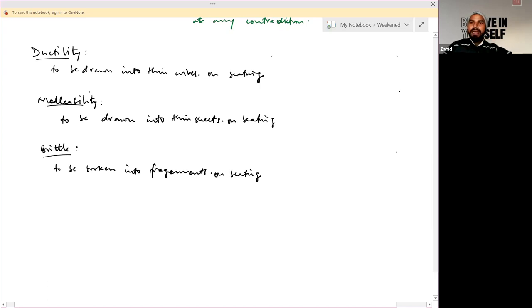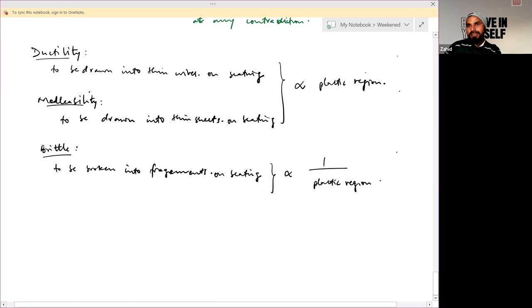So for ductility and malleability, the plastic region should be longer, and for a brittle substance, the plastic region should be smaller. So you'll say these two properties are directly proportional to the plastic region of that particular metal, and this property is inversely proportional to the plastic region of that object.